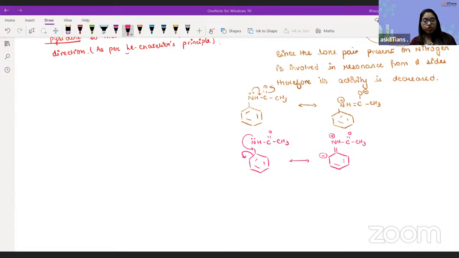It doesn't share the electrons with the phenyl group alone, as it is doing it equally from both sides. So this is one of the paths.